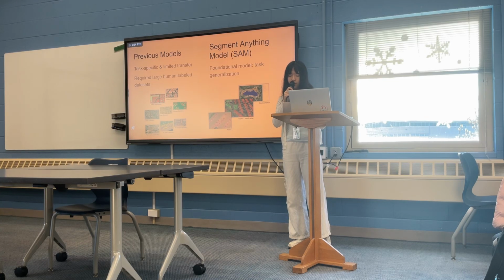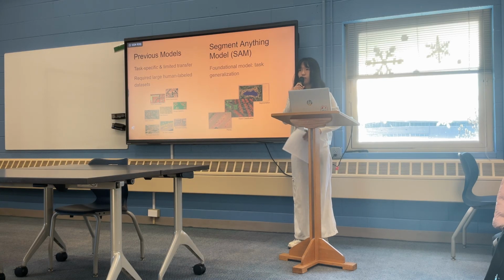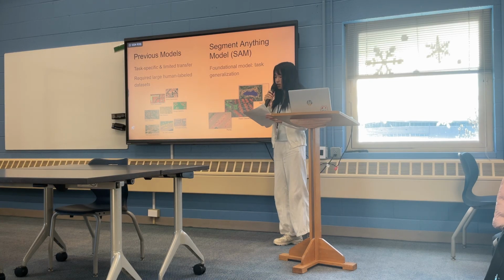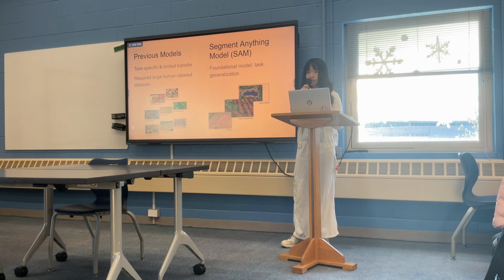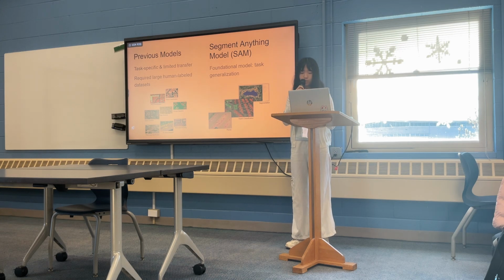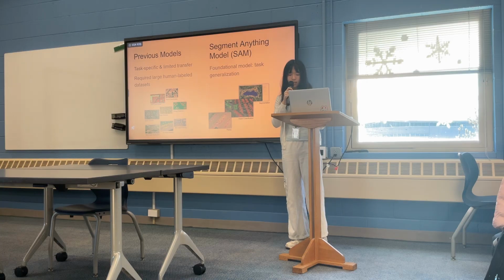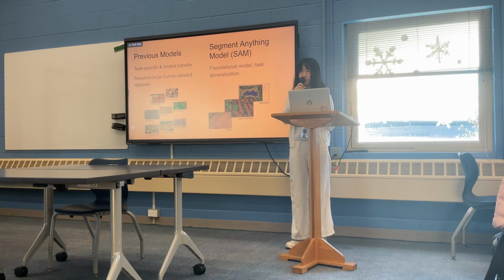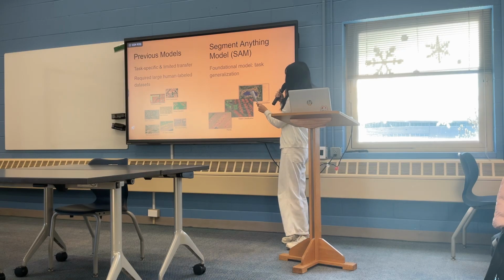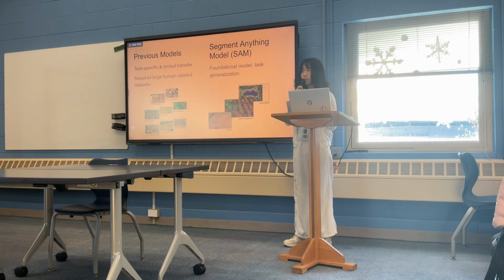These previous models also needed to be trained on large human-labeled data sets. So what that means is humans had to label image masks themselves to create these data sets, which was too time-consuming and costly. On the other hand, SAM, or the Segment Anything model, effectively handles these problems.